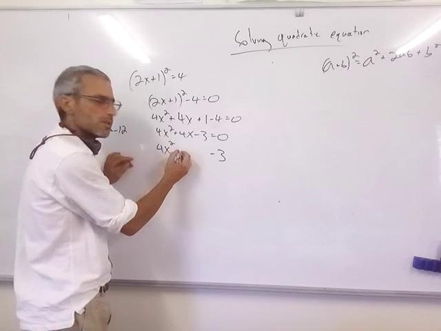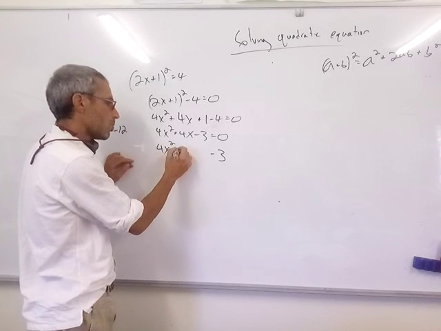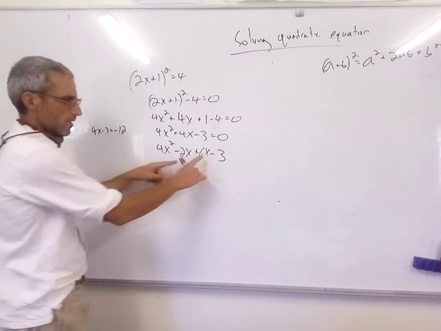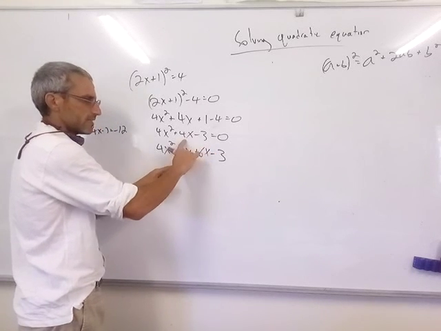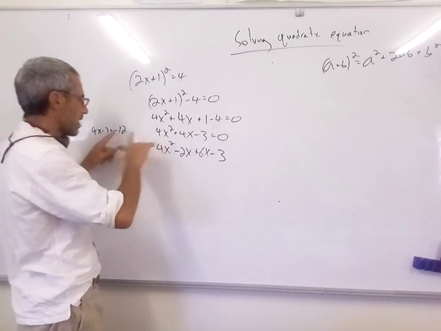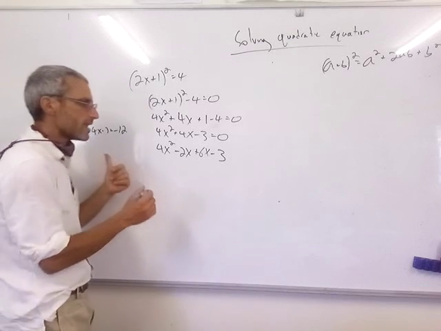So what will it be? Minus 2x plus 6x. Let's check that. Minus 2x plus 6x adds up to 4x, so that's fine. And 6 times minus 2 is minus 12. Works.